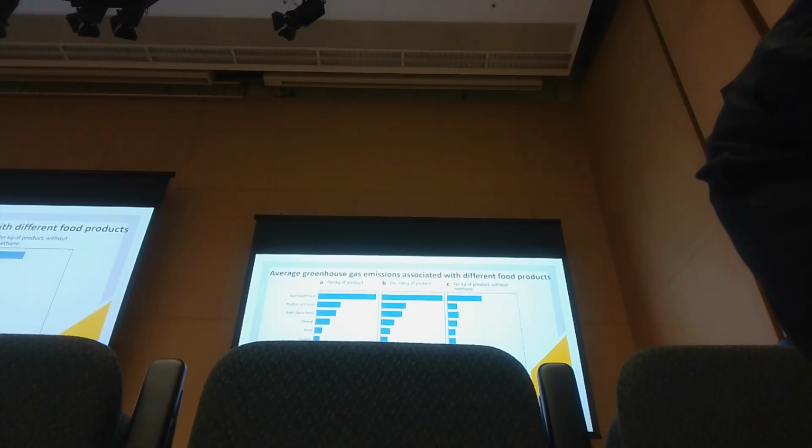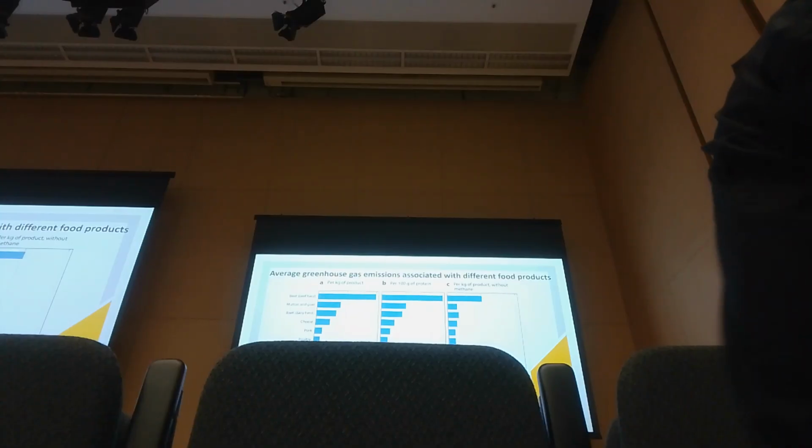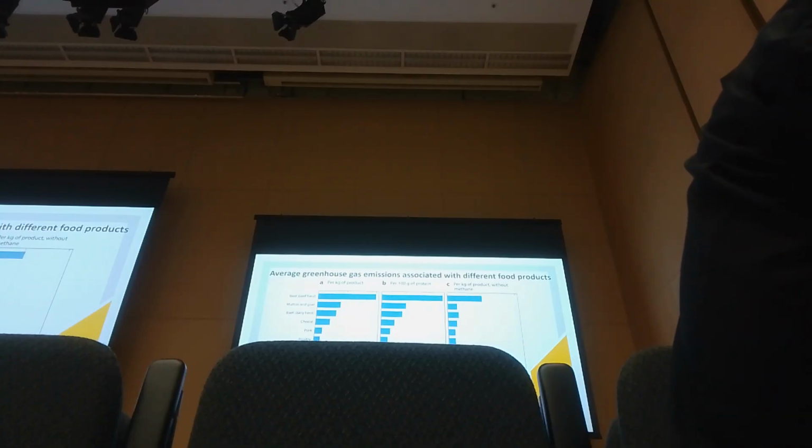Then you can see that generally for beef, there is a relatively high average of greenhouse gas emissions. This quantifies the potential impact of certain meat production and links that with the climate. You see these high levels of greenhouse gas emissions in terms of CO2 equivalent.